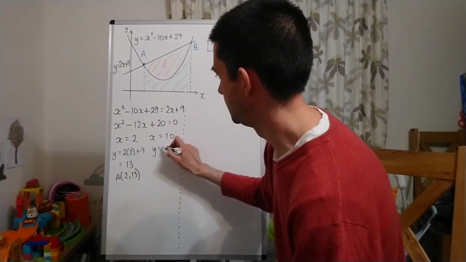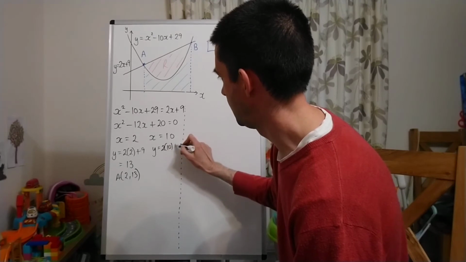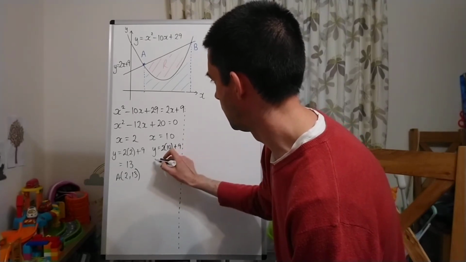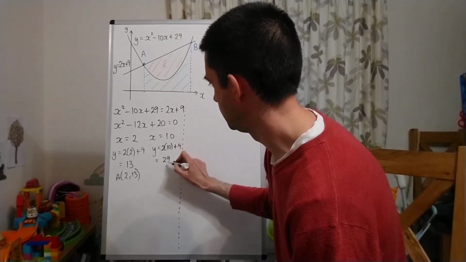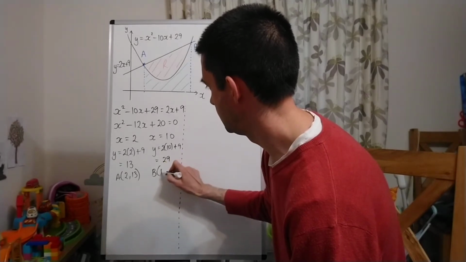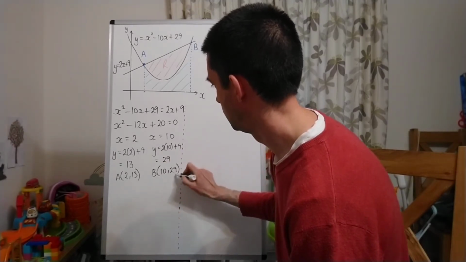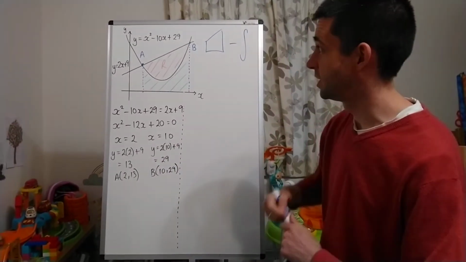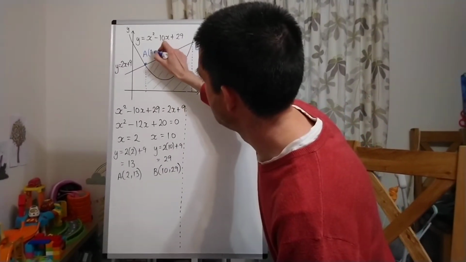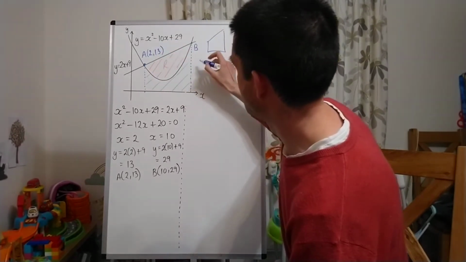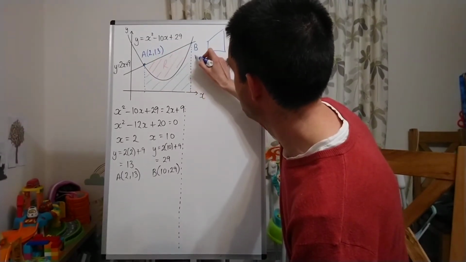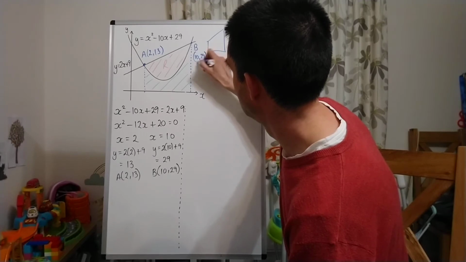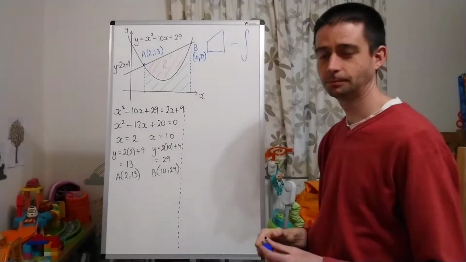And substituting in 10, 2 lots of 10 plus 9 equals 29. So the point B is 10, 29. And I'll label those 2 points onto my diagram. So A is 2, 13 and B is 10, 29. That's that point there.